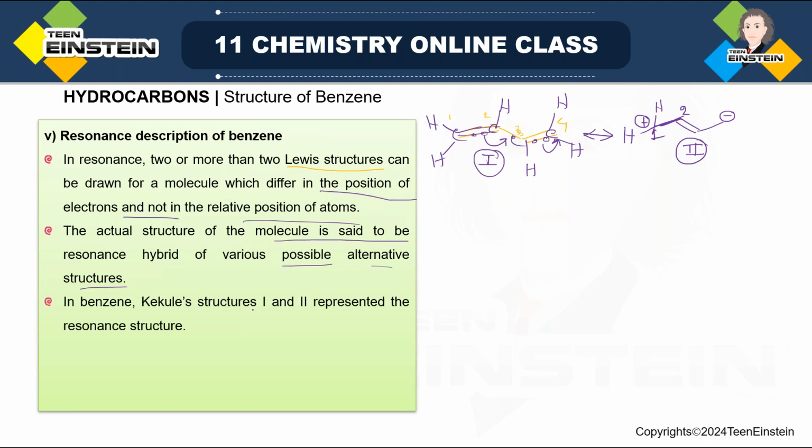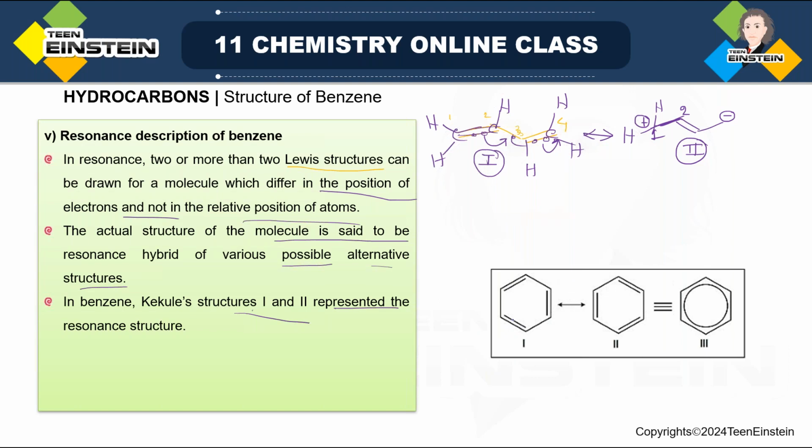In benzene, Hückel structures 1 and 2 represent the resonance structures. So this is 1 and 2. In structure 1, if I number these positions as 1, 2, 3, 4, 5, 6, the double bonds are at 1-6, 4-5, 2-3. But now, obviously, it is changed.